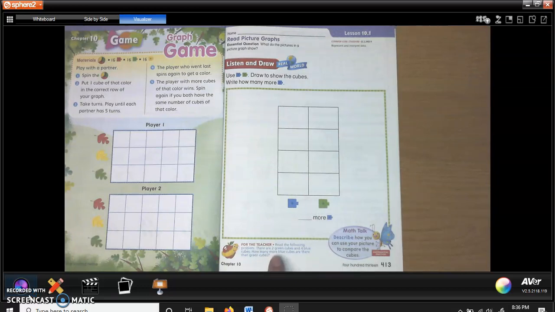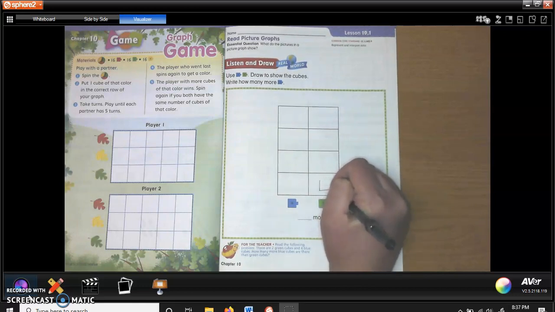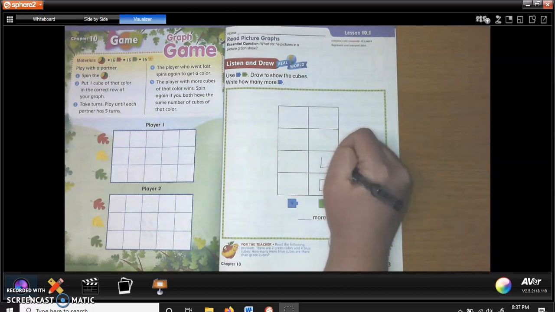It says there are 2 green cubes and 4 blue cubes. How many more blue cubes are there than green cubes? Okay, so let's go ahead and look at that. It says there are 2 green cubes. So I'm going to draw 2 cubes in here on the green side.